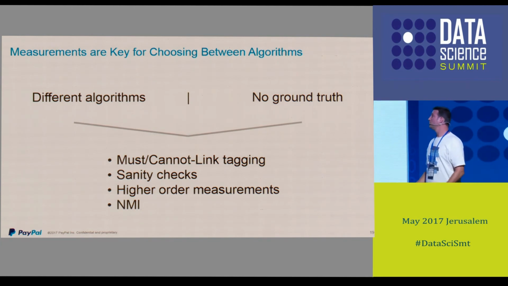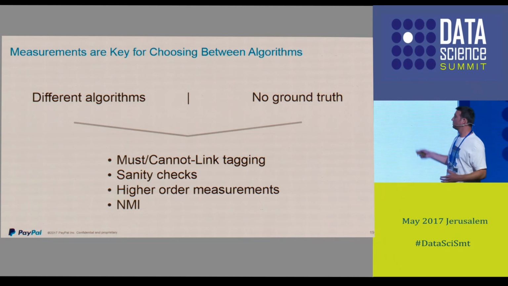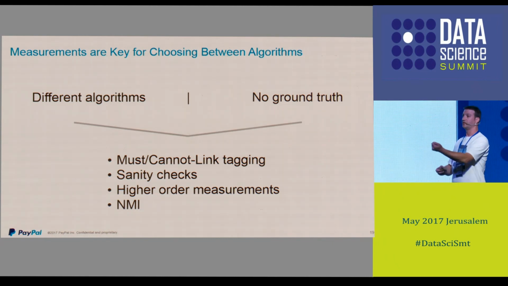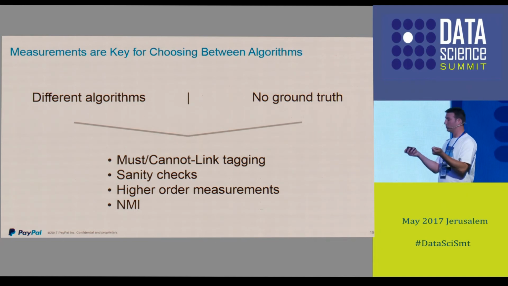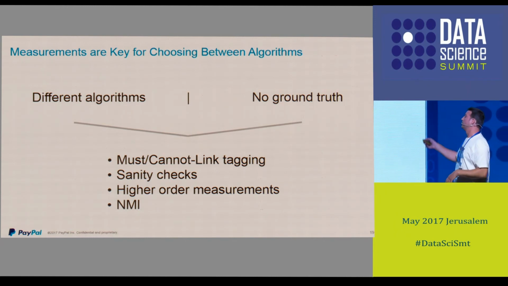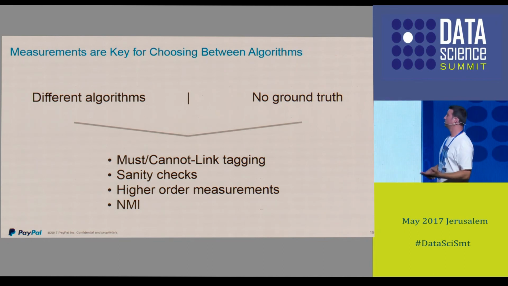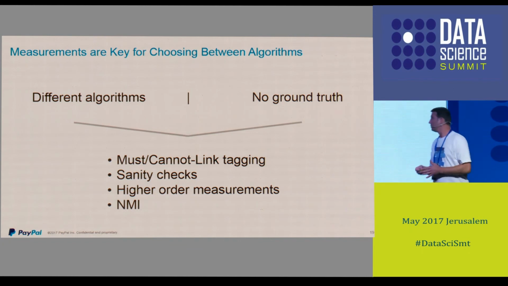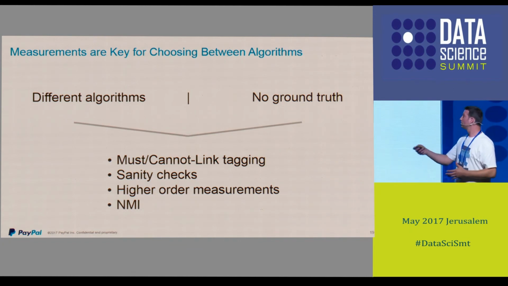First, we manually prepared a few sets of tagged data. This tagging was: we take edges and just tag whether the nodes on this edge should or should not be in the same cluster. We prepared some random sets. We prepared some sets biased towards the specific insights that we were looking for.